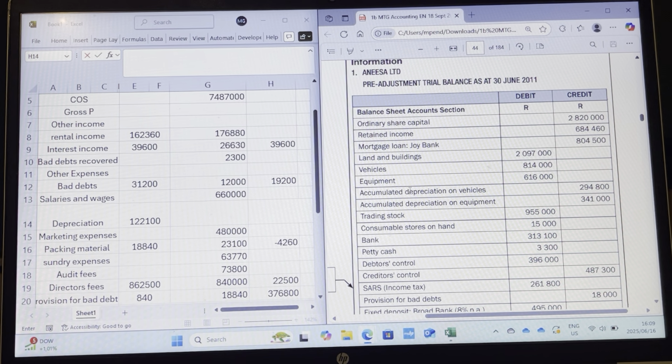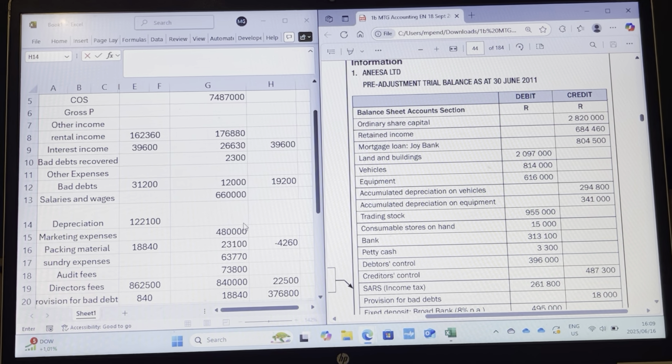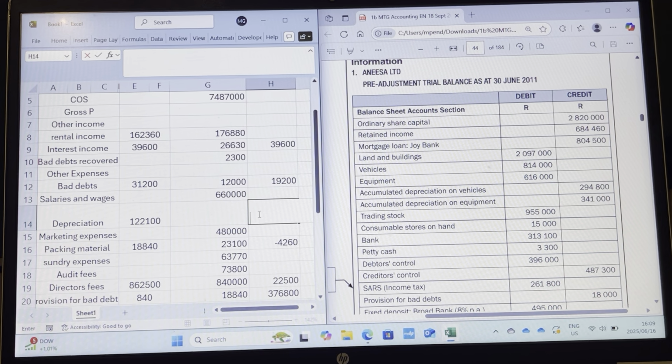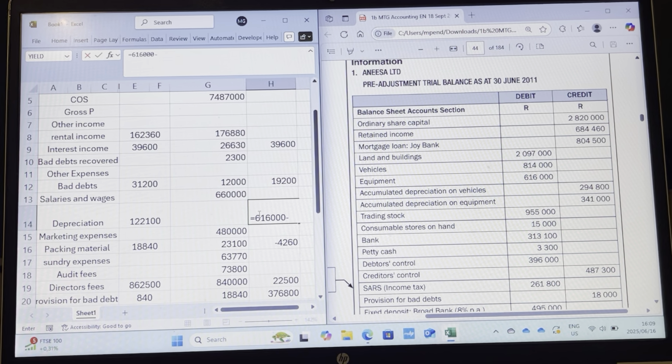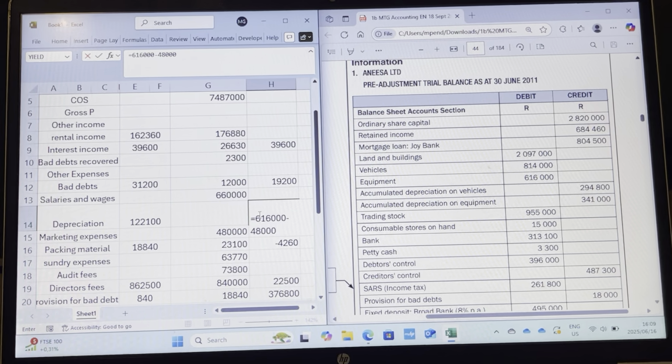But we now need depreciation, and in order to get the depreciation for the new equipment, we'll have to take a different way. So what we are going to do is firstly remove the amount for that new equipment, which is 48,000.